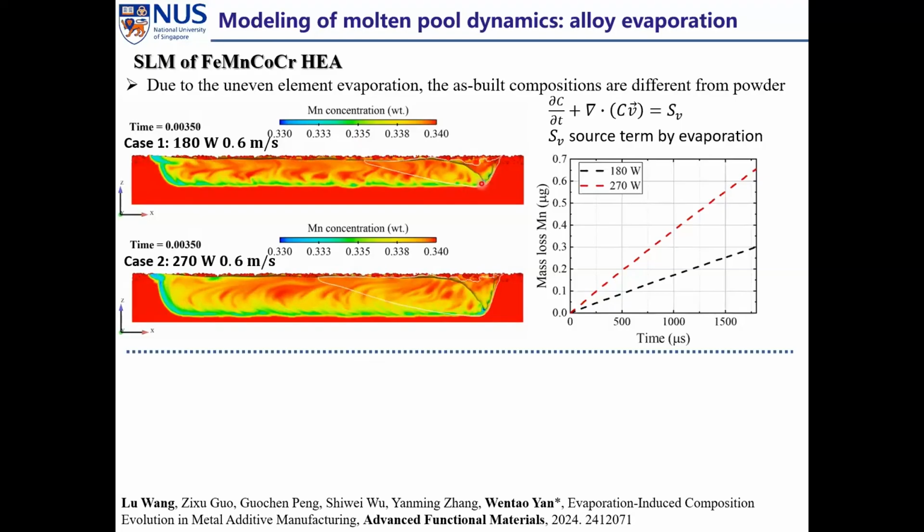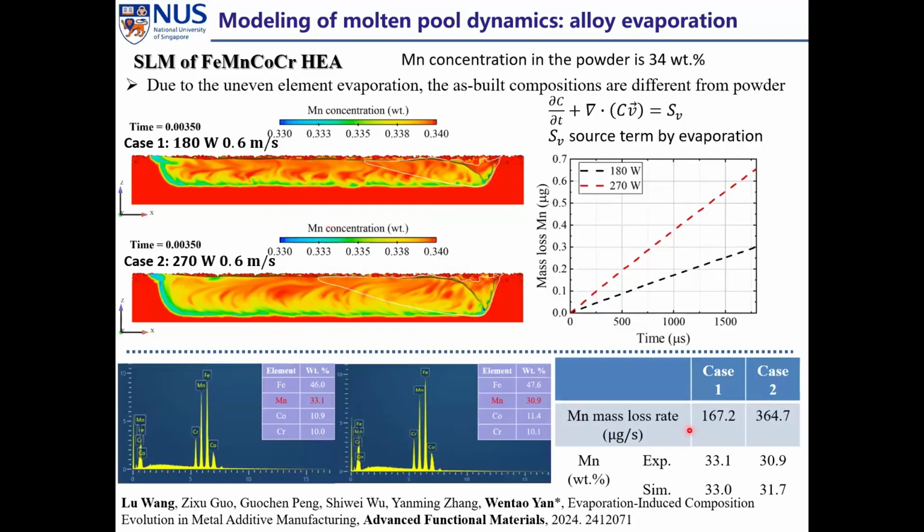At the bottom, the temperature is the highest, so the evaporation rates are the highest. So the loss rate is the highest. And due to the very quick solidification, there is no time for the bottom region to mix with others. So the bottom remains the lowest in the chemical combinations, and different manufacturing parameters will give us different results.